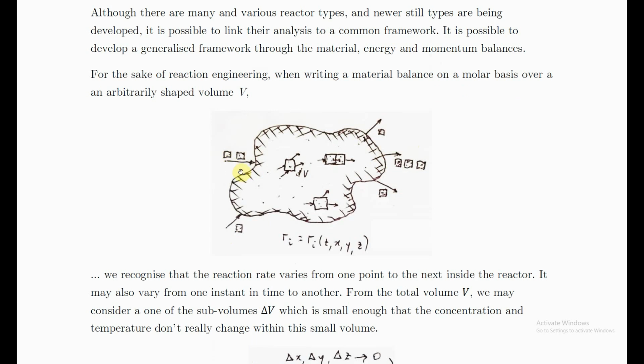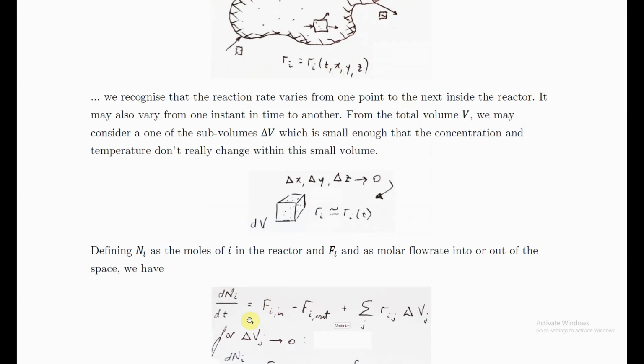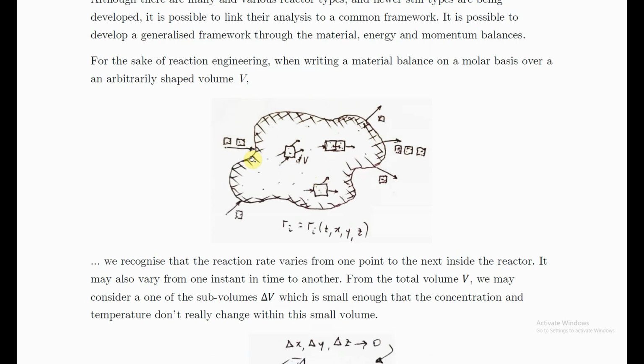So we would say that the rate of change of component I in the space, that's what we're saying here, dn_I/dt, the rate of change of the number of moles of component I, is equal to a contribution from the inlet streams.